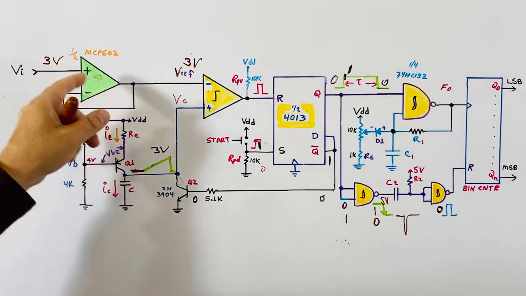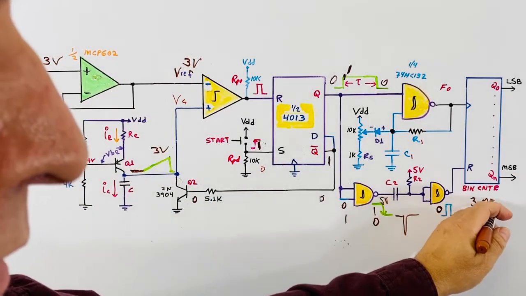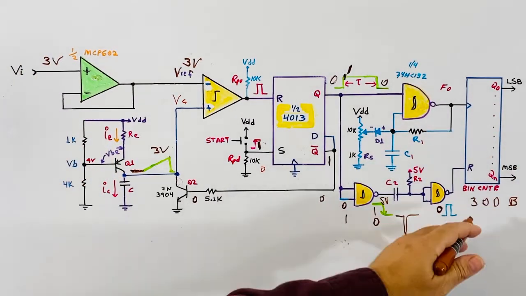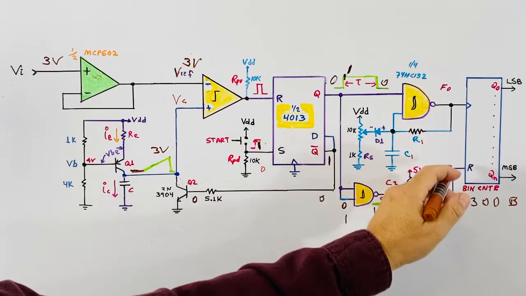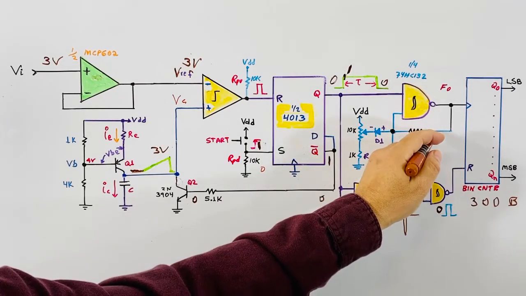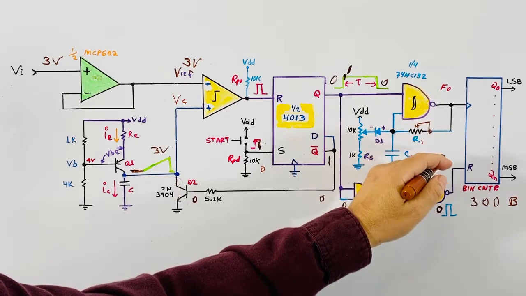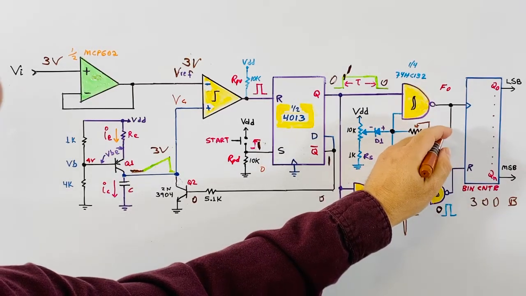So if we are applying 3 volts and you want to calibrate it to the number 300 in binary code, you have to adjust this frequency by putting here a trim pot. So you adjust it, and to avoid having 0 ohms in the trim pot, we will place a series resistor.